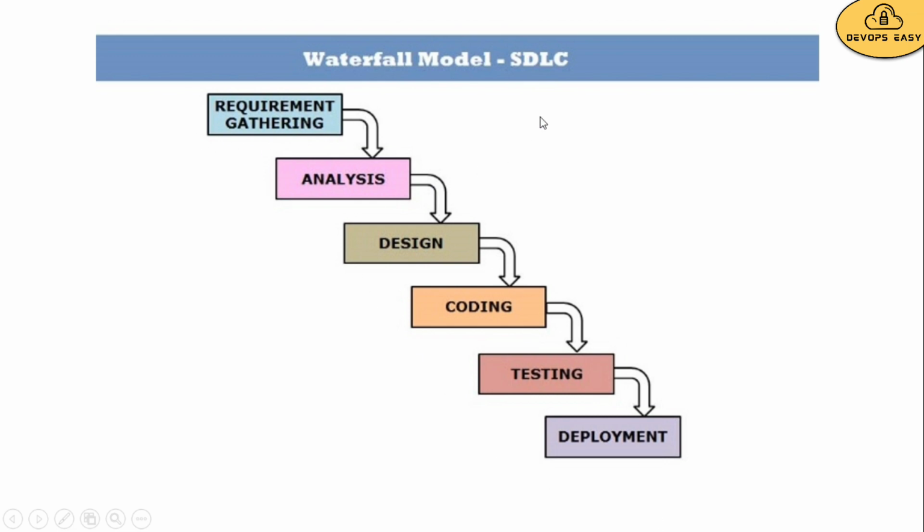The disadvantage of the waterfall model is this: the process was good, they are doing it step by step. But they used to take 2 to 3 months for analyzing, 3 months for designing, 3 months for coding. During the coding part, the remaining teams will sit quietly and not do anything.